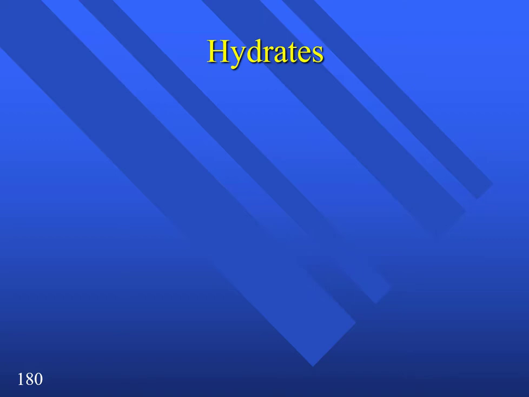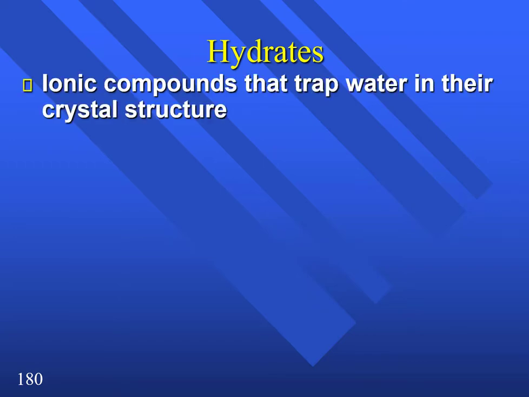Okay. When you see the word hydrate, though, what do you think of? Water. Yeah, and that's what it means here. It means water. Okay. So a hydrate is an ionic compound that, when it makes its crystal structure, it traps water inside its crystal. As those atoms go together to make the pattern, it includes some water molecules that are just laying there.